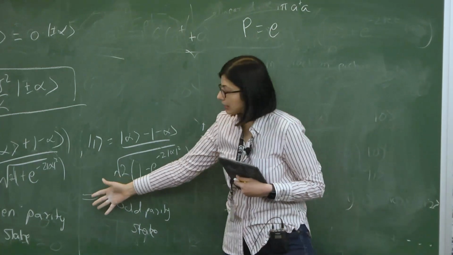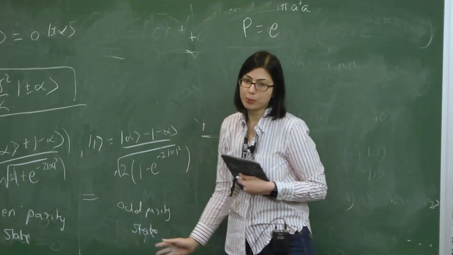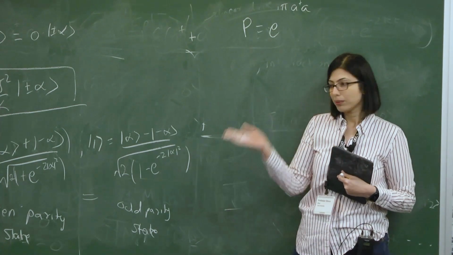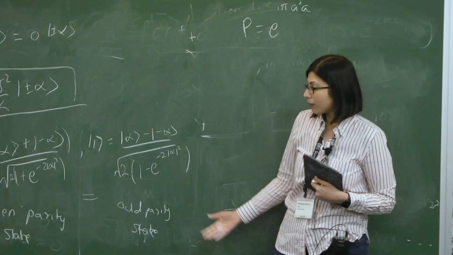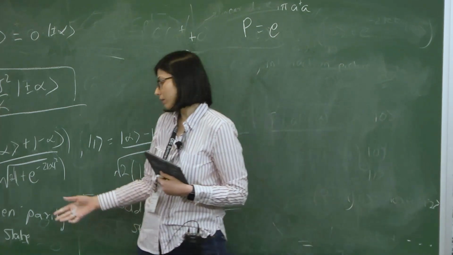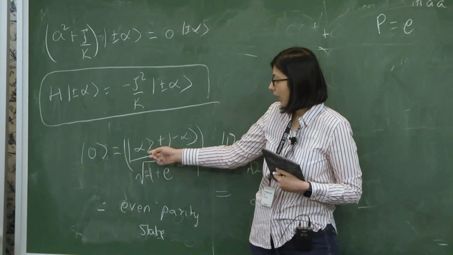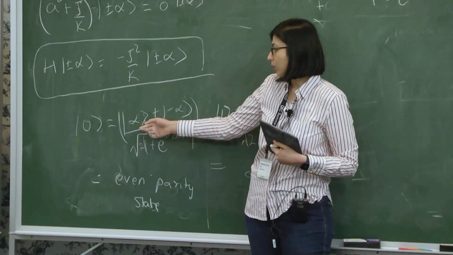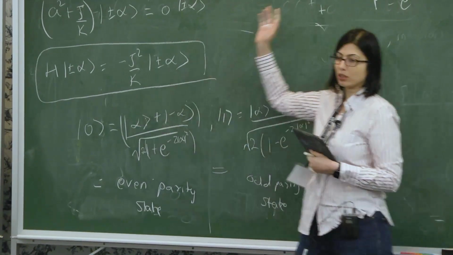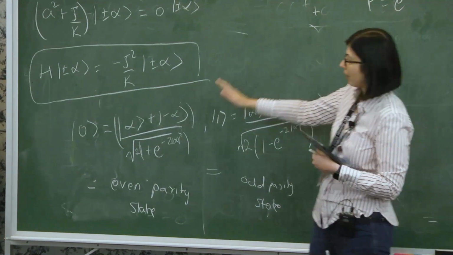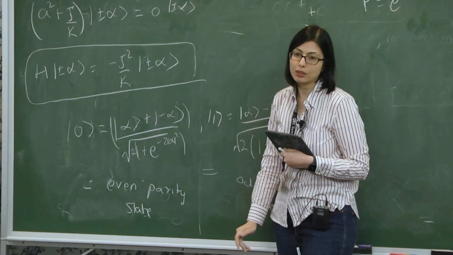So these states are the +1 eigenstates of the parity operator, and this is the -1 eigenstate of the parity operator. In fact, in superconducting circuits, what people have done is that you can measure parities, and you can check whether you have an even parity state or an odd parity state.